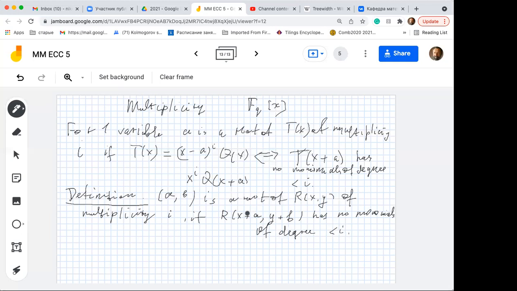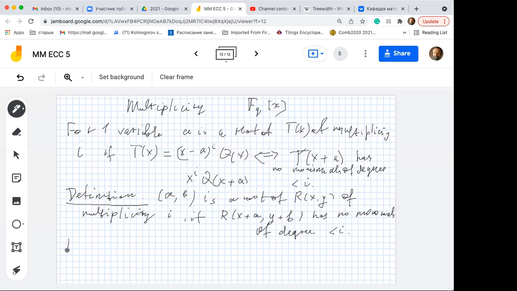For real valued polynomials, this may be defined also using partial derivatives of order less than i, but we want to avoid such a definition because our polynomials are not real valued.